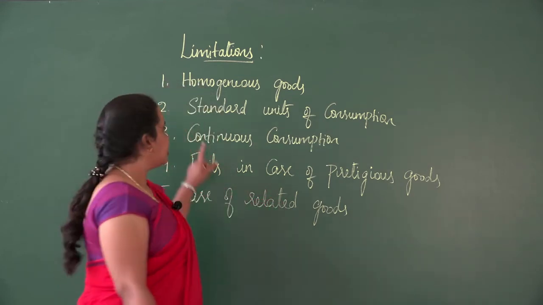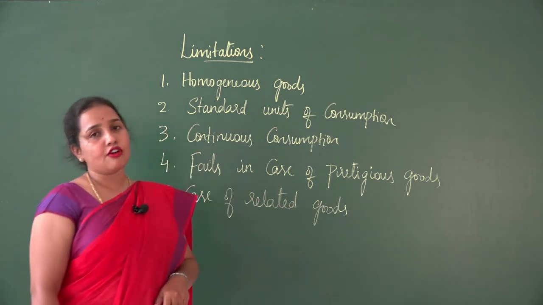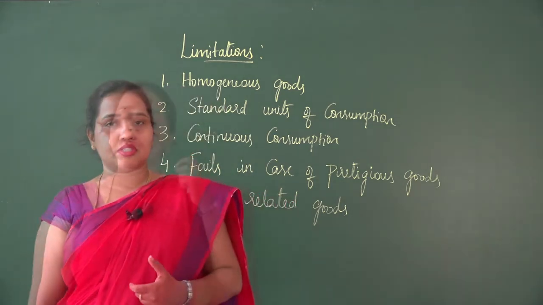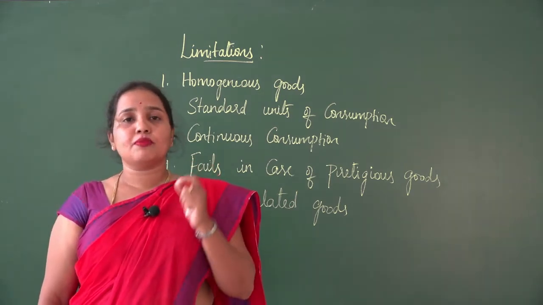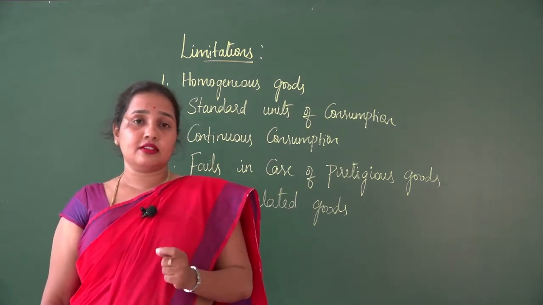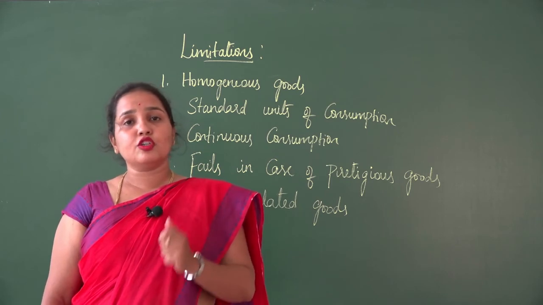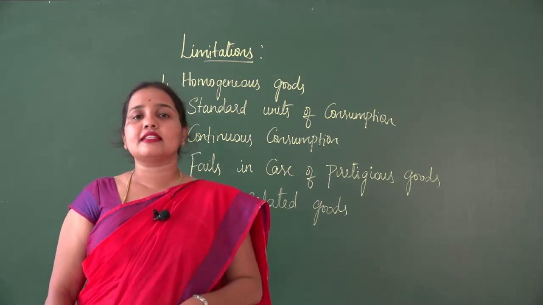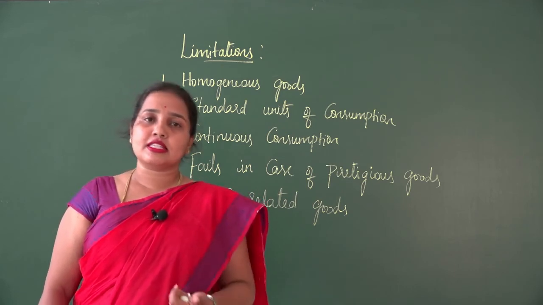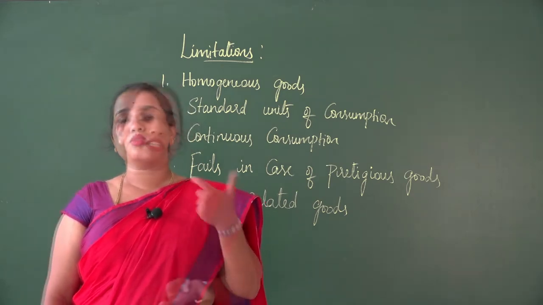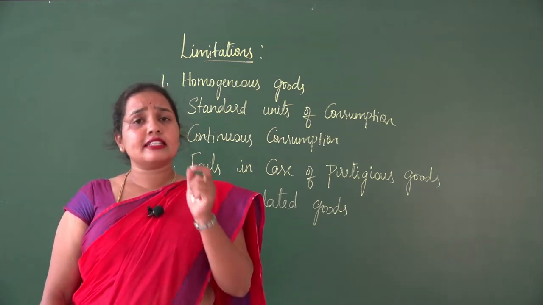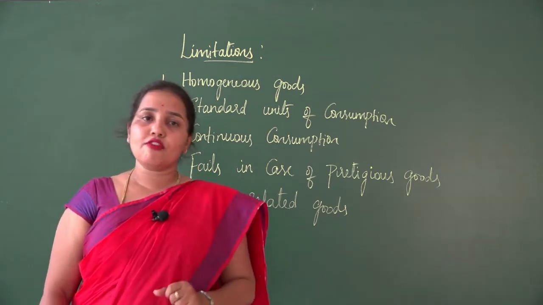The second limitation is standard unit of consumption. When we take the commodities for consumption, it should be a reasonable standard unit. Let us take the same example that a person is thirsty and drinks water to satisfy his thirst. Here, a reasonable unit may be a glass of water.